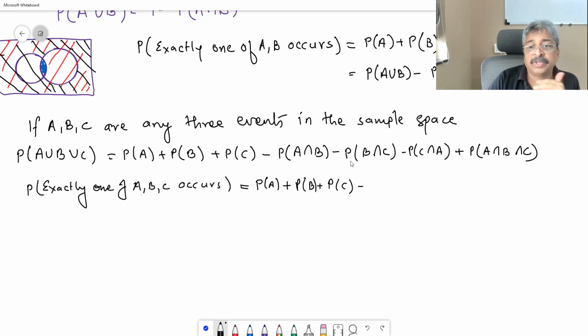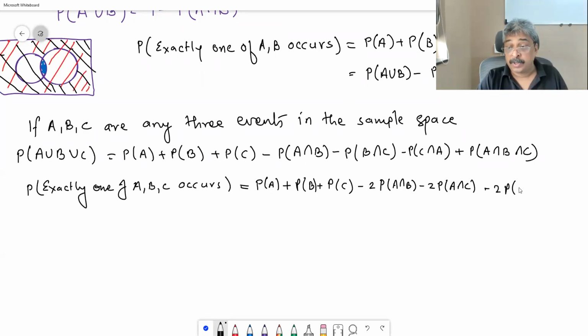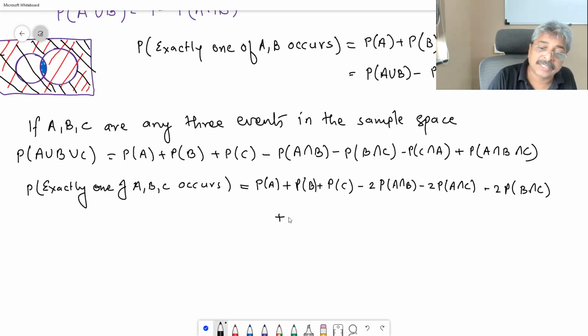Then remove. We have the experience for 2 earlier, so remove 2 times probability of A intersection B minus 2 times probability of A intersection C minus 2 times probability of B intersection C. Now you have to take care of the common area, which is plus 3 times probability of A intersection B intersection C. Okay, that is what exactly one of A, B, C occurs is.